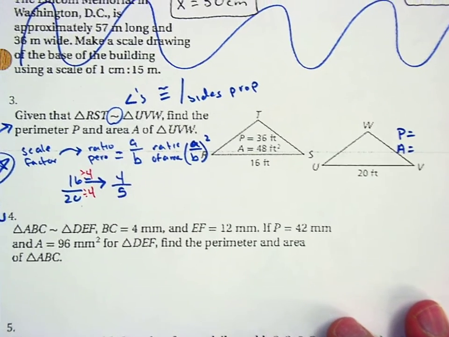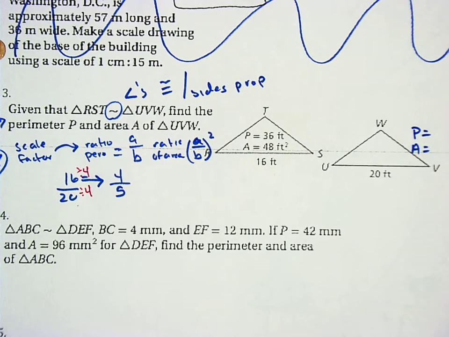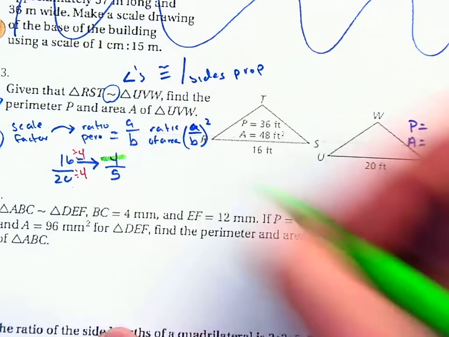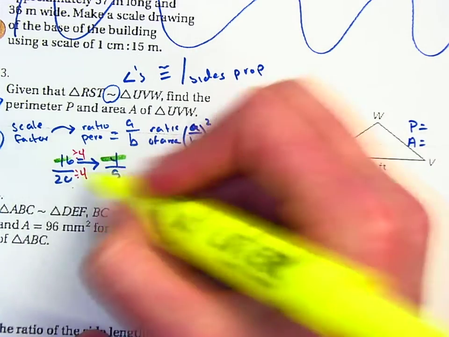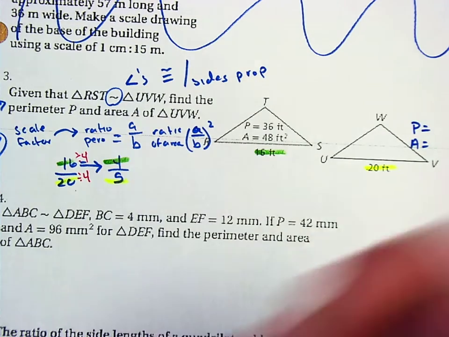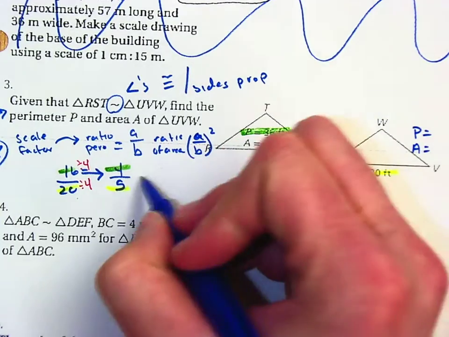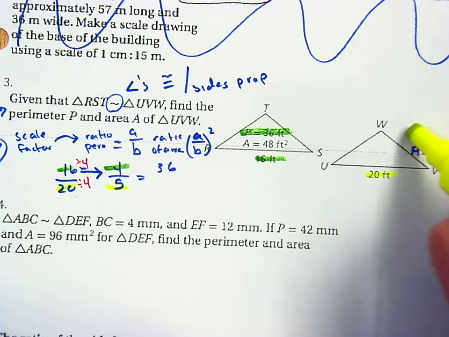So with that ratio, I can now write myself a proportion. I have small over big. So I'm going to use the small perimeter, which is 36, over big. Well, I don't know the big perimeter.